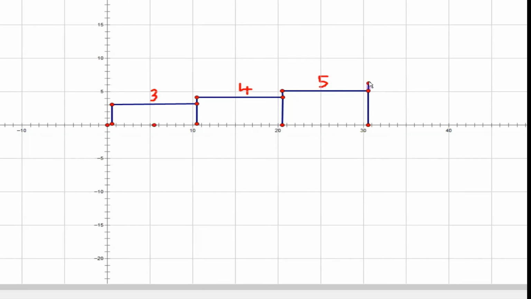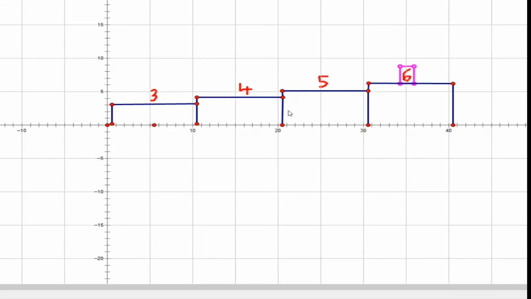We'll go across to 40.5 right there. And this is 6: 3, 4, 5, 6. Then it goes all the way down back to 2. The last one was 2.